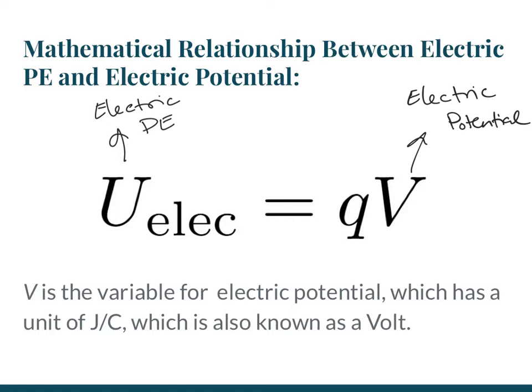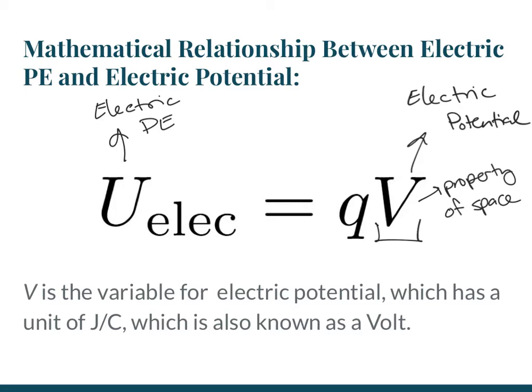And the deal is that V, electric potential, is a property of space. So a charge somewhere will generate a field, and a property of that field is the potential.